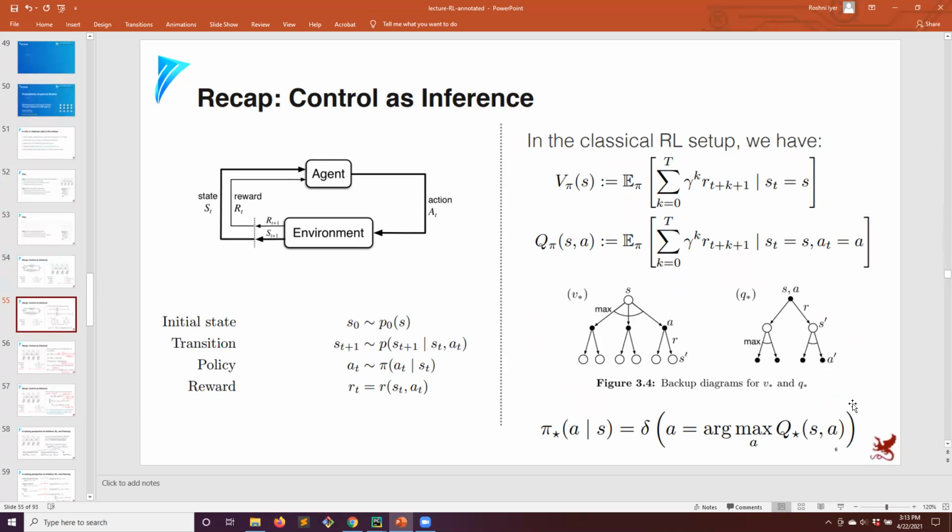And this is what the corresponding computation tree looks like, where instead of enumerating over all of the actions like previously, when we take the argmax of that, then we actually get the optimal V and the optimal Q. And if we want to be able to recover the policy from the optimal Q, this direct delta is not really in scope, but if we want to do that, then this is like an inverse RL problem where we take the argmax over all of the actions and then apply this delta function to get that optimal policy. But this part has to be the optimal Q.